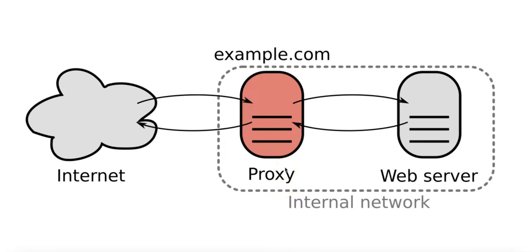It also provides caching, so these reverse proxies can cache responses from the backend servers and allows them to serve cache content to clients for subsequent requests, which reduces latency and minimizes the load on the backend servers. Another important feature of reverse proxies is compression. Data sent from the backend to clients can be compressed by the reverse proxy, which reduces bandwidth usage and improves load times for these end users.